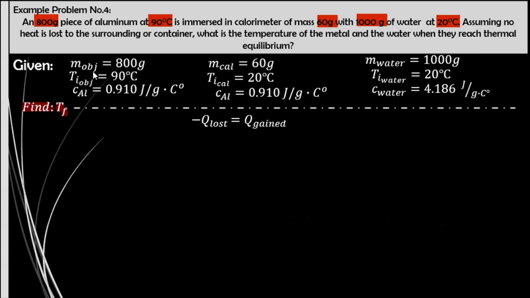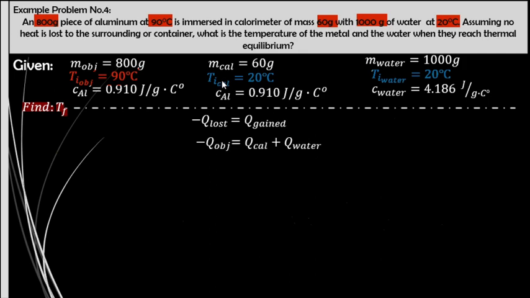Our object has an initial temperature of 90 degrees Celsius, and the calorimeter and water have an initial temperature of 20 degrees Celsius. Since our object has the higher temperature, or this is warmer compared to the calorimeter and water, therefore, our object will lose heat.